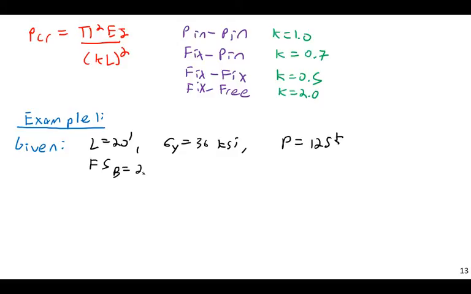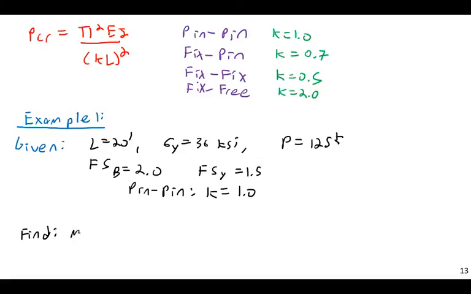I'm using a higher factor of safety for buckling than for yielding, because as we've discussed, it's a much more critical, much more catastrophic failure mode; yielding is 1.5. It's pin-pin, so we know that k is equal to 1.0. And I want to find the most economical W section.